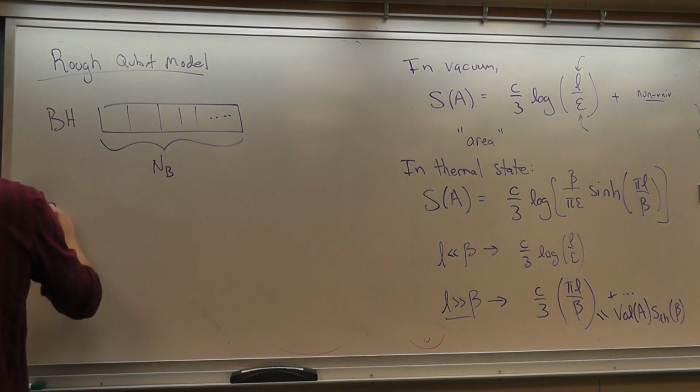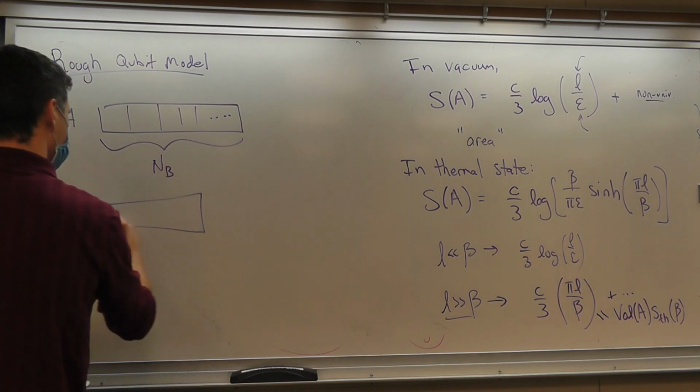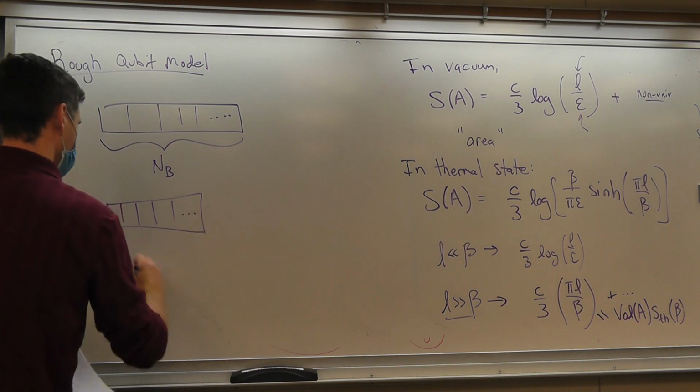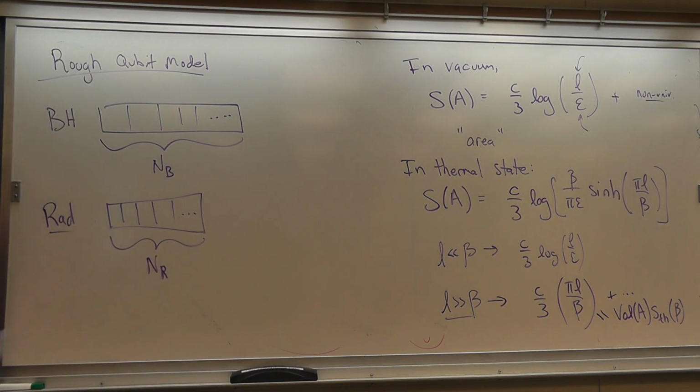And then you have the radiation, which is also a bunch of qubits, and there's N_R qubits in the radiation. We are not keeping track of the vacuum entanglement and all that kind of stuff right now. This is just a rough toy model. In fact, it's a very good toy model. It's surprisingly good. But it's a rough toy model for how this is supposed to work.